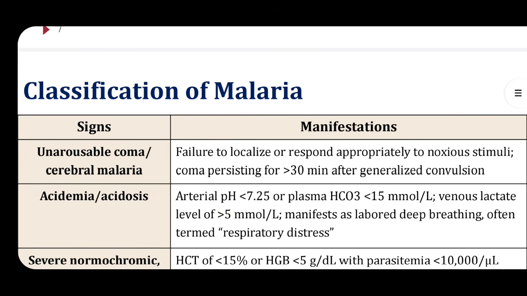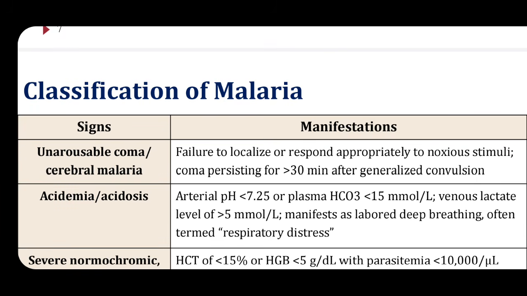Classification of malaria based on signs and manifestations. It may be expressed as unarousable coma or cerebral malaria, failure to localize or respond appropriately to noxious stimuli, or coma persisting for greater than 30 minutes after a generalized convulsion.